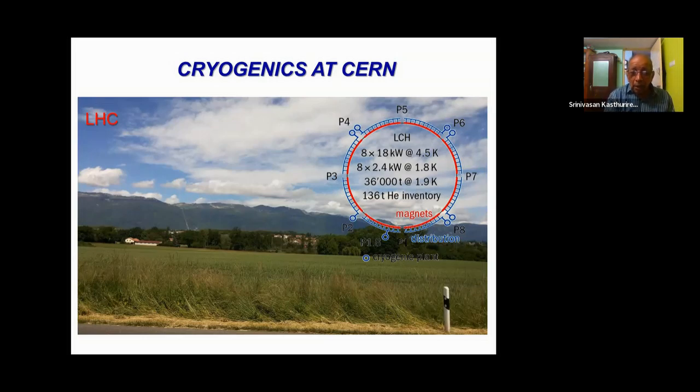And then 36,000 tons at 1.9 K. So you have a very large quantity of helium inventory. 136 tons of helium inventory is there for taking care. So this is the Large Hadron Collider.